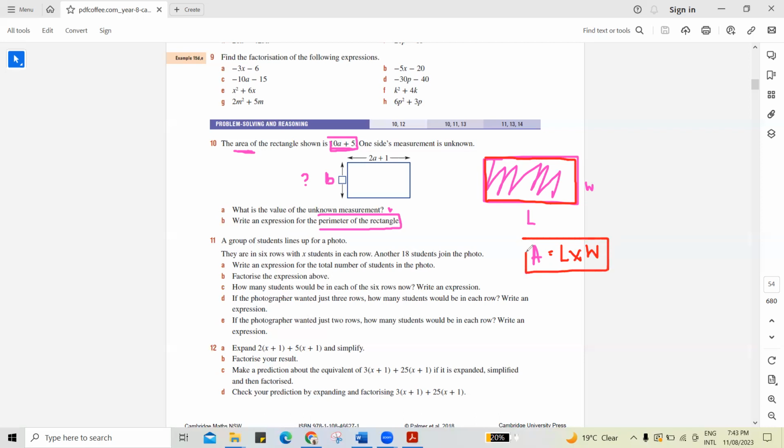Then similar to this one, L is 2a plus 1, W is B, and area is this one. Can you substitute, go and put those numbers into this? Or you can write straight away the area of this one, that is length times width. How do you write it?